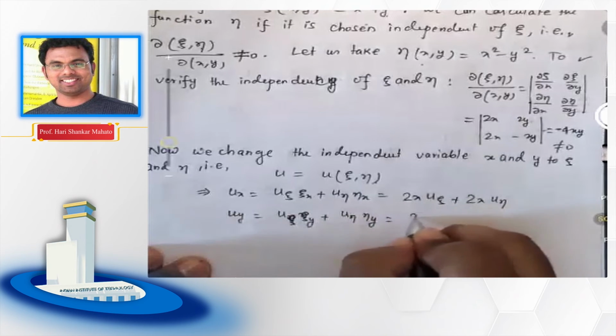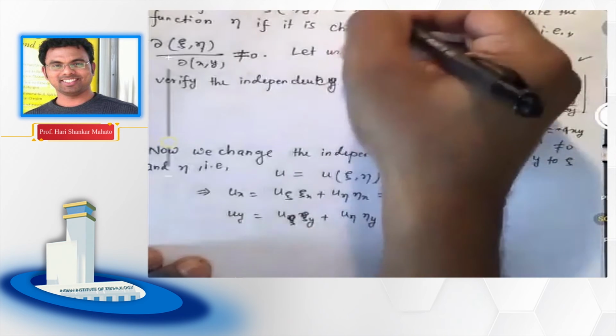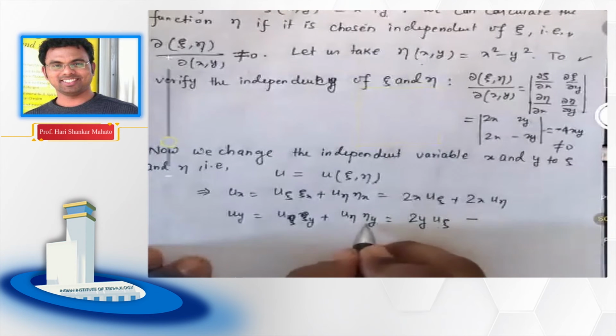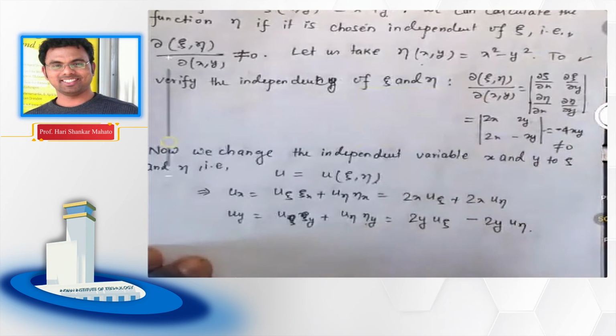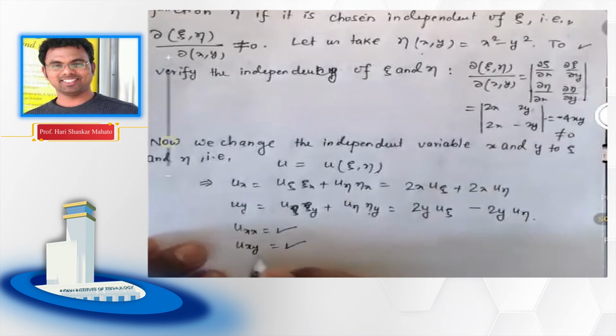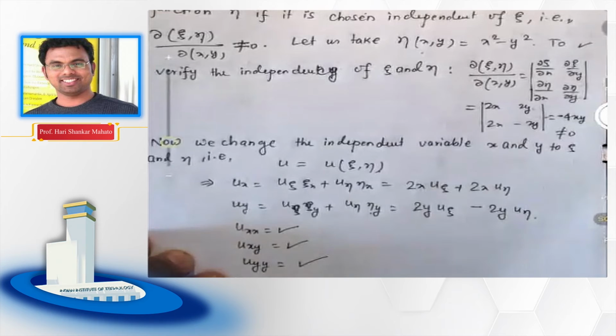What is xi y? Xi y is 2y, right? Yes, xi y is 2y. But eta y is minus 2y. Similarly, you calculate uxx, you calculate uxy, and then you also calculate uyy. Let this be a task for you.